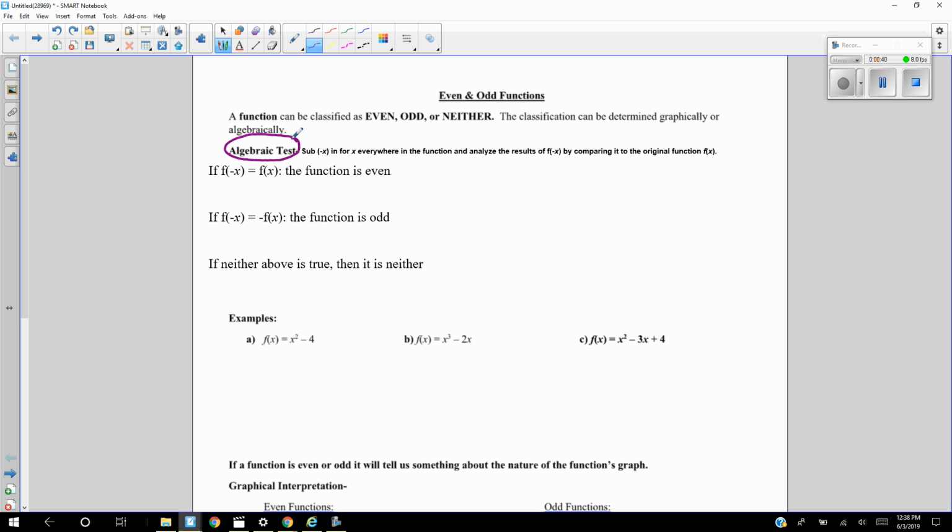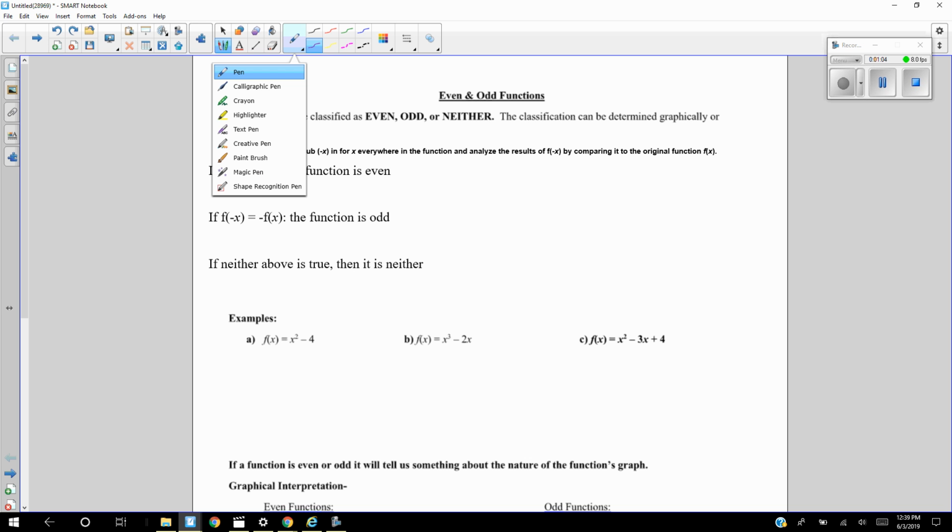So if the function is even, when we sub in a negative x into the function, it's actually going to give us the end result, the function we started with in the first place. This will make a lot more sense, I think, when we look at some basic examples. So pause if you need to, if you're still copying notes.